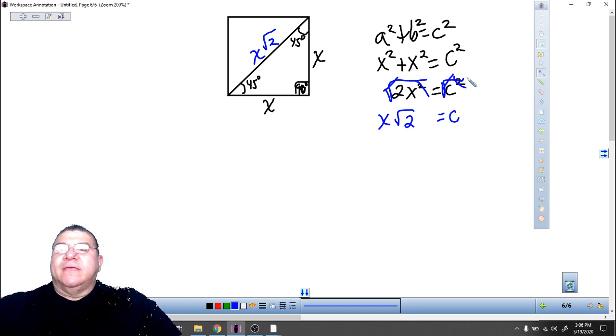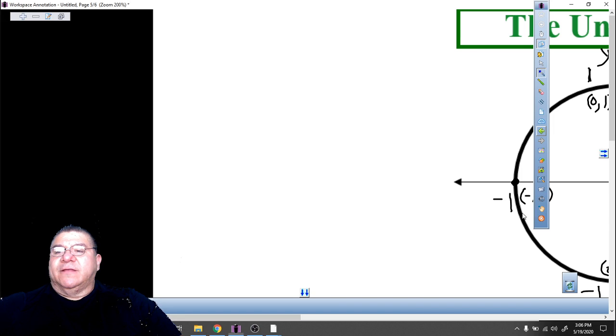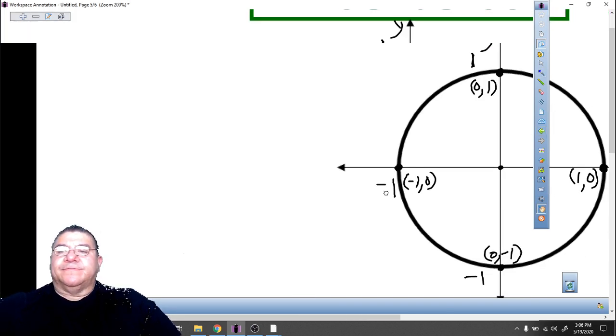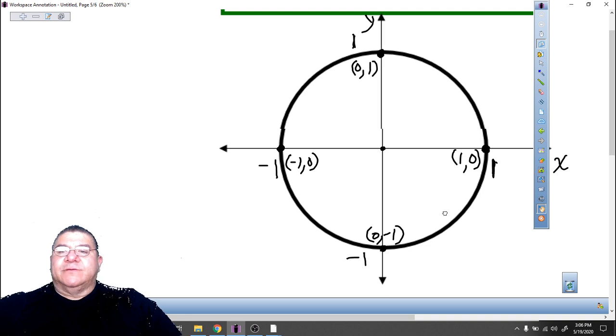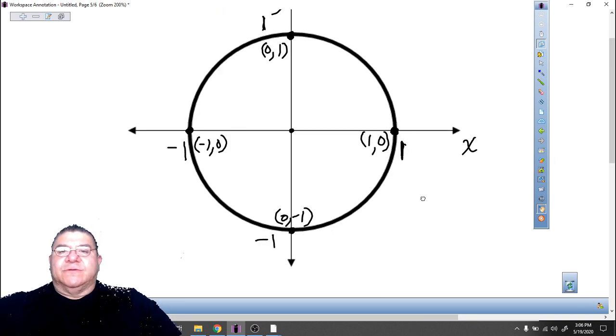Okay. So let's go back to our unit circle. So here we are in our nice unit circle. And what if I did something like this? Check this out.